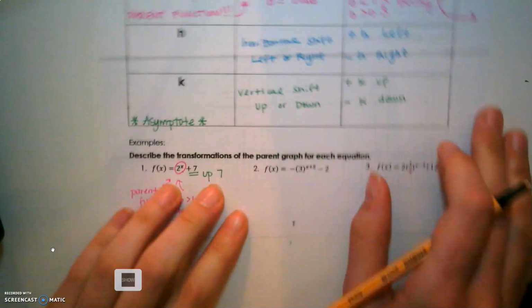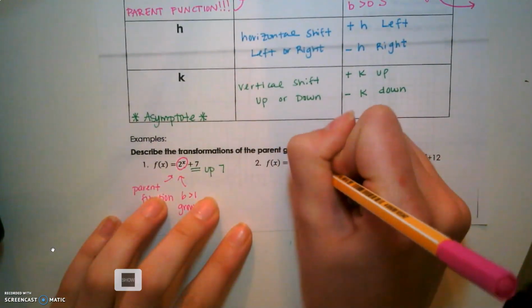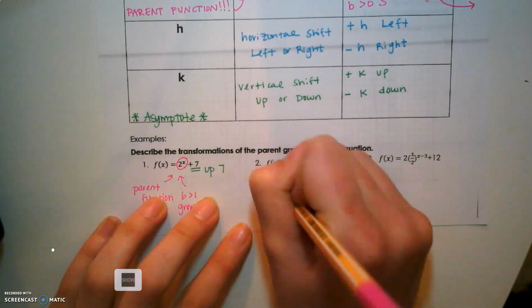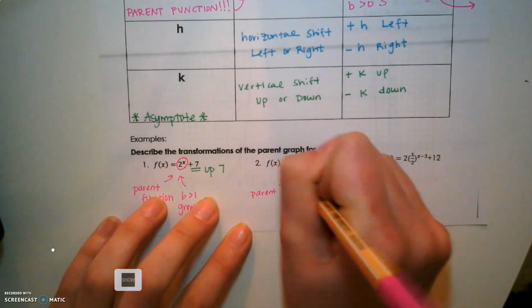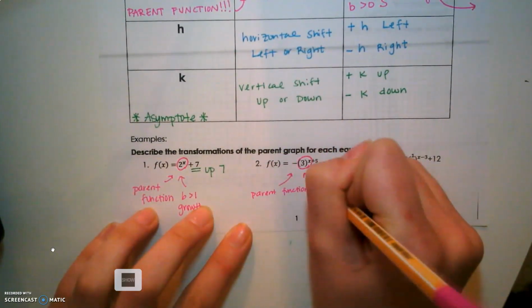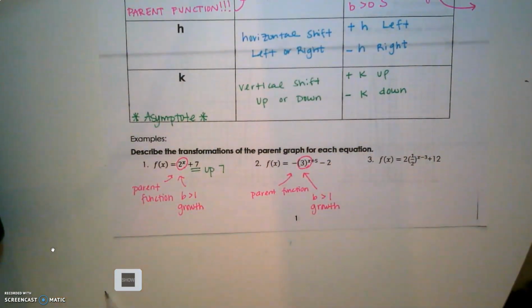In number 2, we have 3 to the x. That's the parent function. That 3, notice, is my base and it's bigger than 1, so I have a growth. But again, not a transformation, just a very important characteristic.